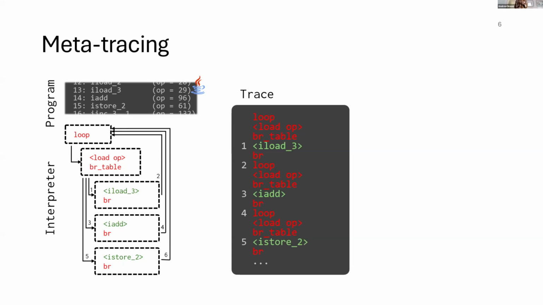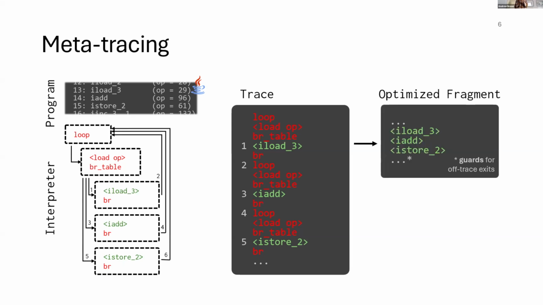What meta tracing does is detect this pattern, the hot loop, and emit an optimized fragment of the user loop, hopefully minus the dispatch overhead. The intuition here is that once these user loop instructions are laid out in straight-line code, an optimizer has many more opportunities for optimization.